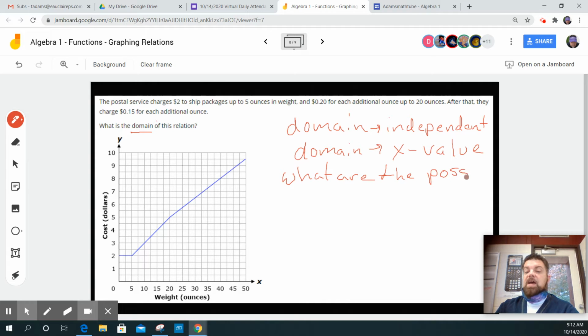Well, what's the least a package can weigh? Oops, ran out of space there. What are the possible weights?